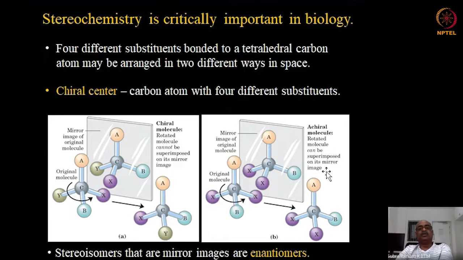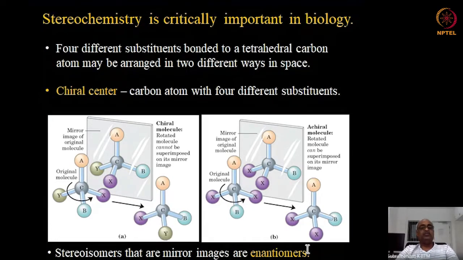Okay, the rotated molecule can be superimposed. So this is not chiral, and here there isn't any difference between the two, so there isn't anything to speak of as a specific configuration. While here there is a specific configuration, one is the mirror image of the other. So two types are possible here, and such a carbon is the chiral center. And these mirror image structures are called enantiomers.